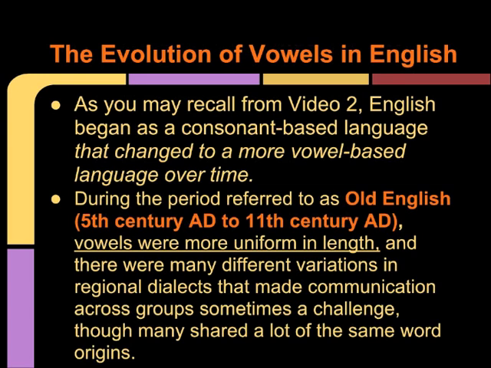During the period referred to as Old English, 5th century AD to 11th century AD, vowels were more uniform in length, and there were many different variations in regional dialects that made communication across groups sometimes a challenge, though many shared a lot of the same word origins.